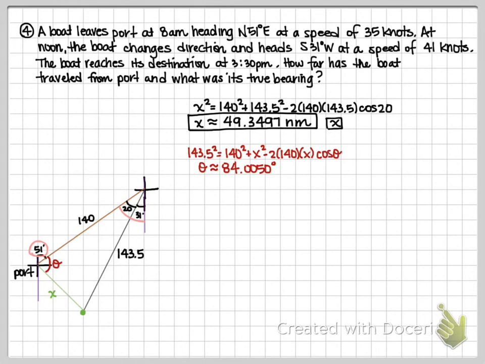Now, taking a look back at the picture, this is one of the things that can be a little difficult with this. You have to determine, based off of the angle and the angle that was given to you, is this really an acute path from the north or the south?